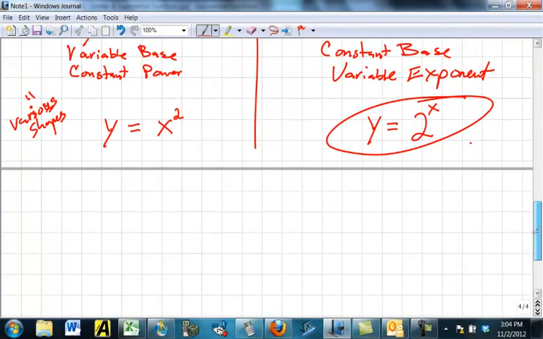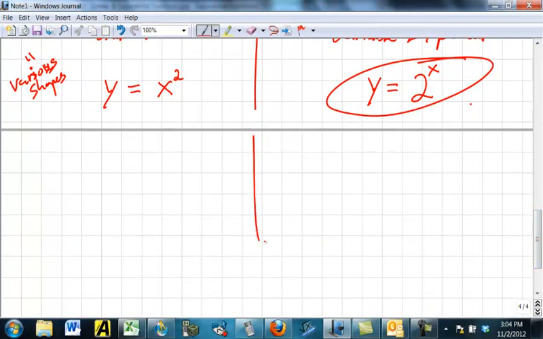So whereas we had 11 basic shapes over here for the power functions, we really only have 2 shapes for a basic exponential. If we have y equals b to the x and b is greater than 1, it's going to look like this. Here's our axis. It has the x-axis as a horizontal asymptote on the left, and goes over to the right, increasing concave up, and it goes through 0, 1.